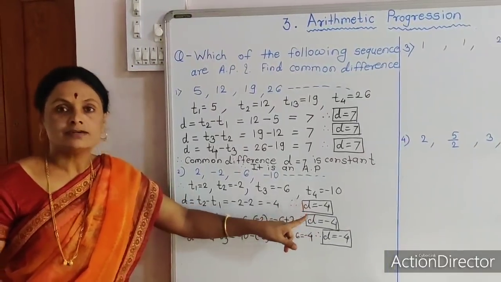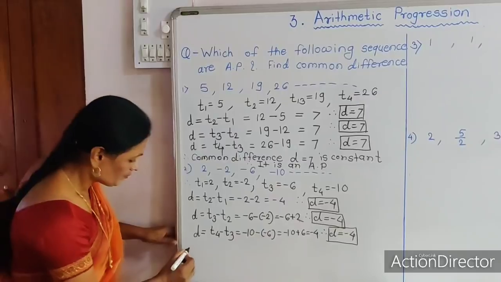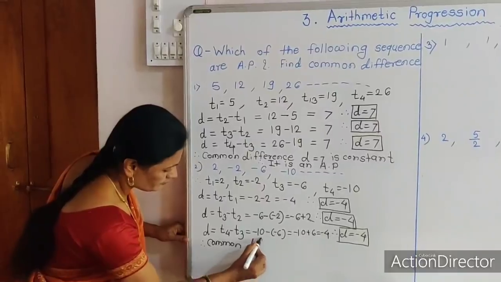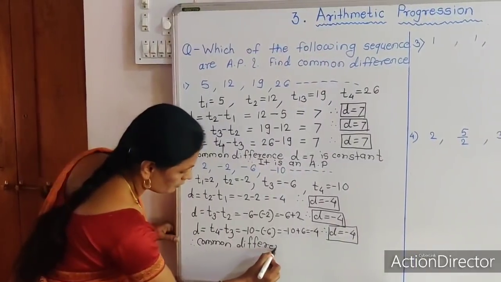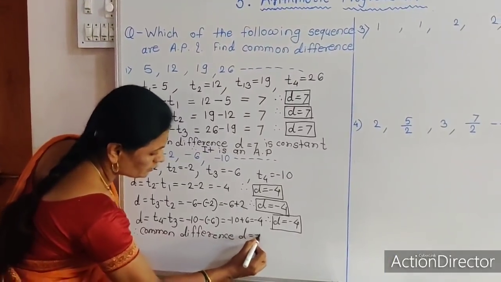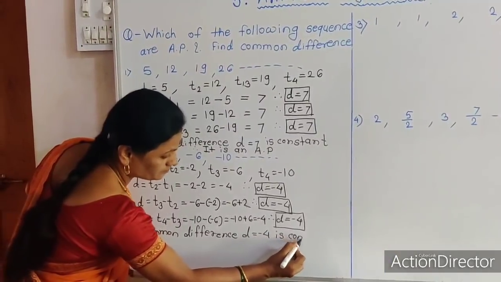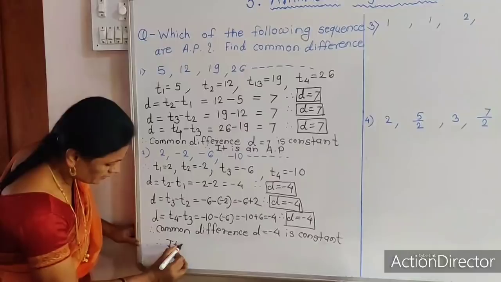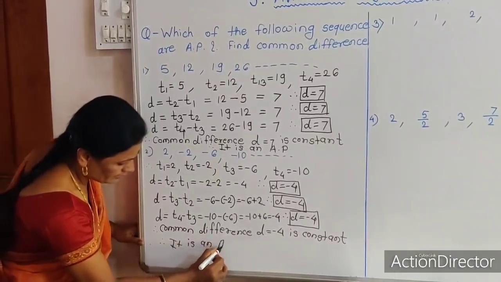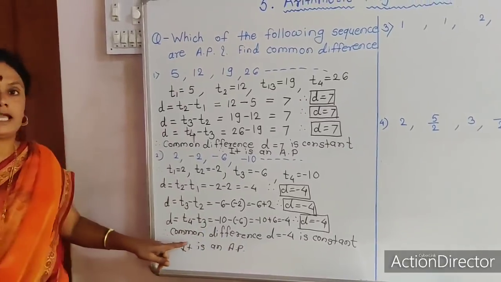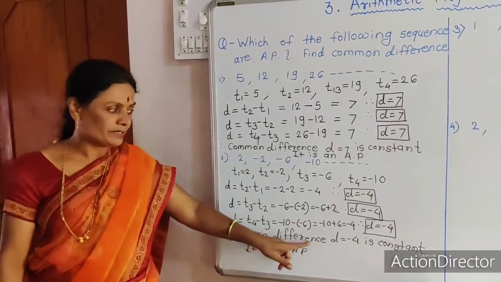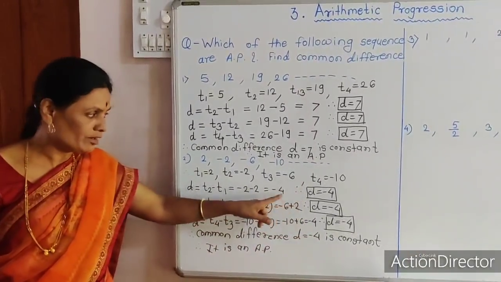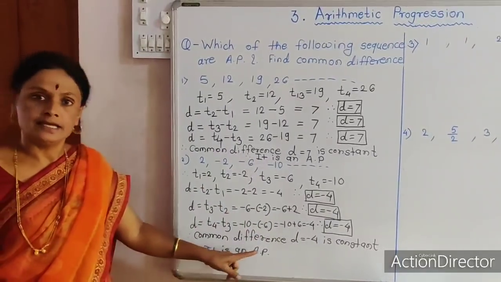That is, D is constant, and therefore it is the common difference. Common difference D is equal to minus 4 is constant, and therefore it is an AP. If the common difference D in a given sequence is constant, the same in all cases, then it is an AP.